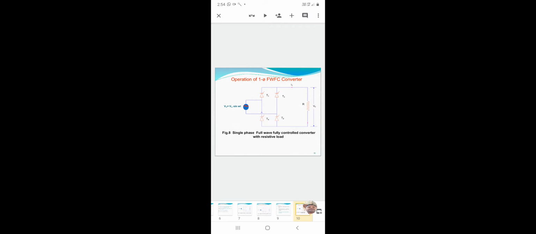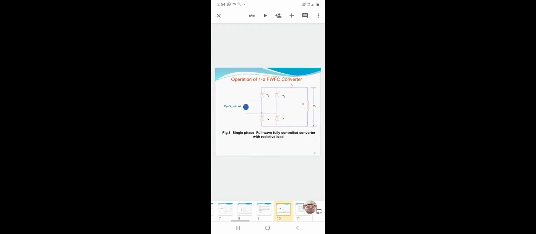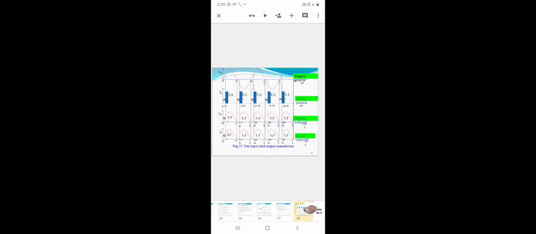The operation of the single phase full wave control converter. During the positive half cycle, you have to observe the supply source. 0 to pi is one positive half cycle, and pi to 2 pi is the negative half cycle.